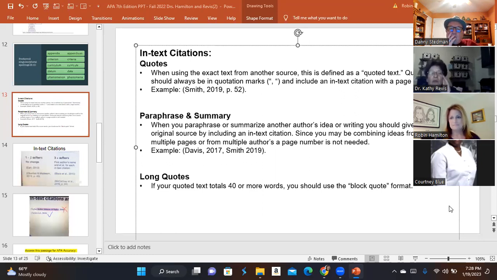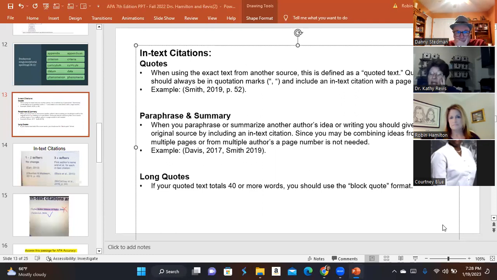First of all, quotes. When you are using the exact text from another source, then it's defined as quoted text, and you should always put it in quotation marks. And the in-text citation must have the page number.